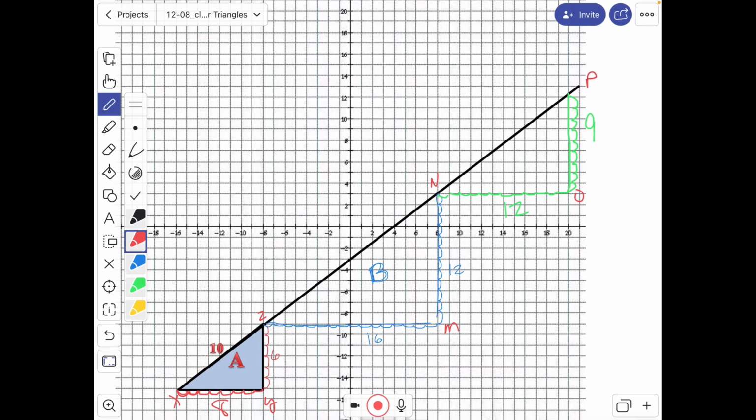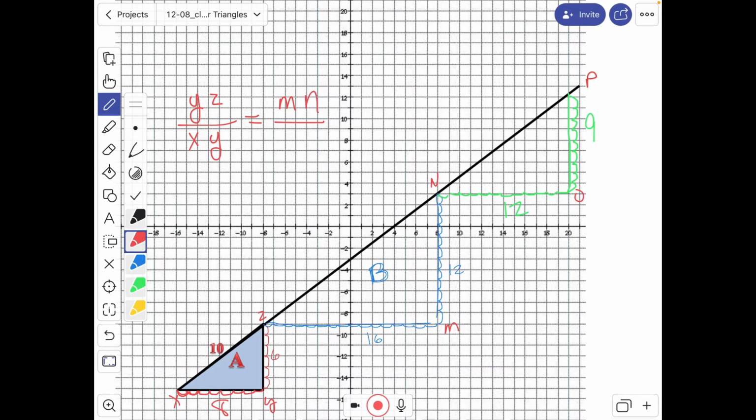So the rise for triangle A would be YZ over XY, which should be similar to the rise on triangle B, MN, and I have to list them in the same order.